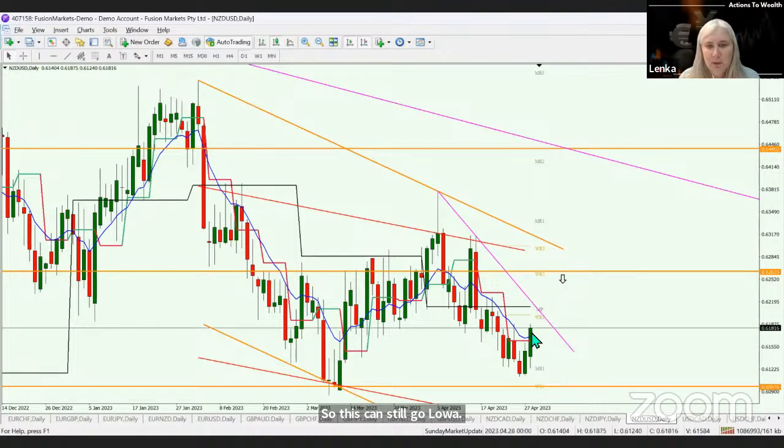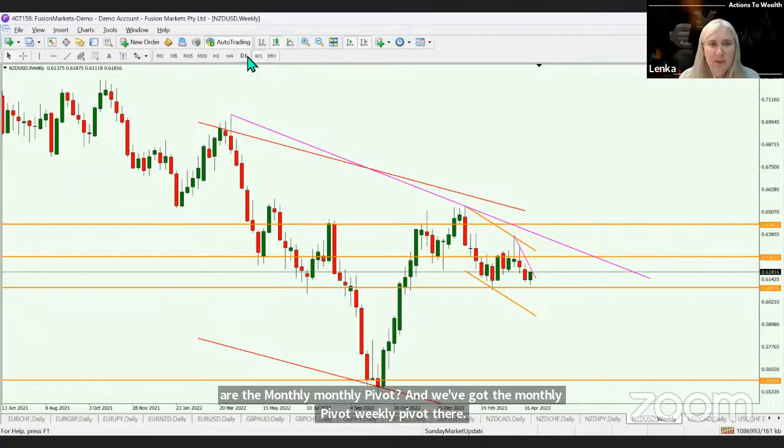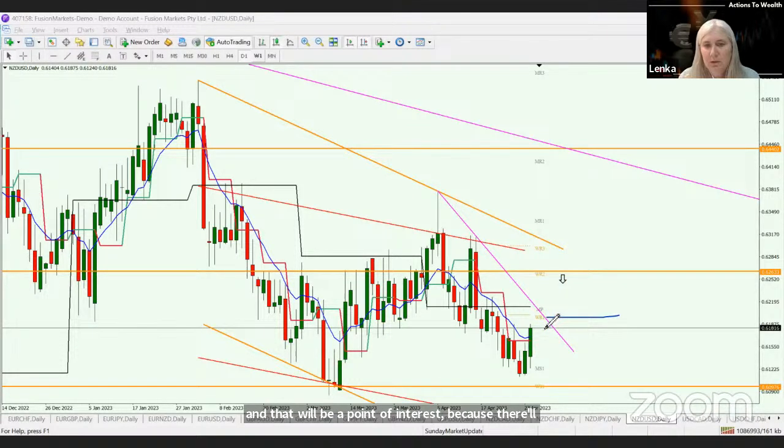Let's have a look. What are the monthly pivots? And we've got the monthly pivot and weekly pivot there. Last month was negative and weekly positive. So that means the monthly pivot next month will be lower and the weekly pivot will be higher. So there's going to be this really tight, narrow spot. And that will be a point of interest because there'll be two lines quite close together protecting that price.